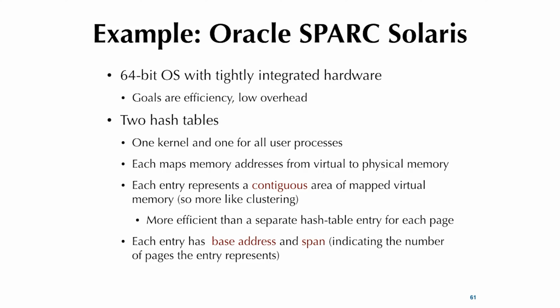And this way, it doesn't have to keep track of many different hash tables. It's one, and it just uses different entries as if they were in the same address space, but because of segment registers and so forth, they are isolated. And each entry has a base address and the span, which is the number of pages that the entry represents.